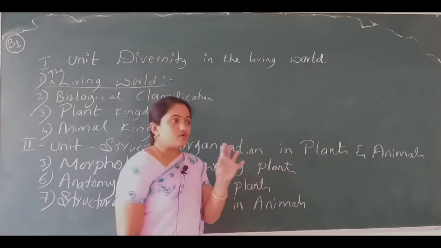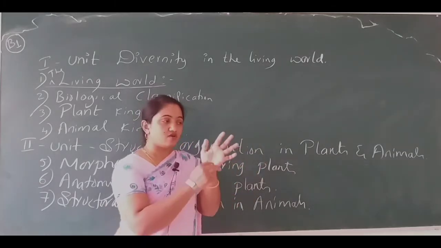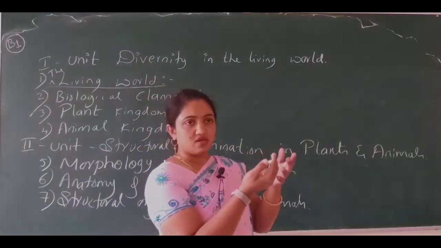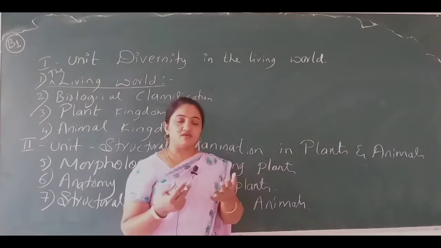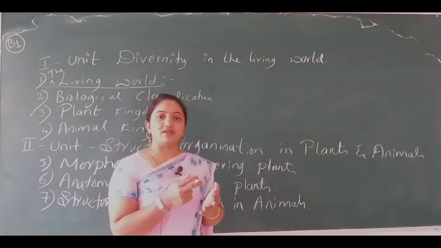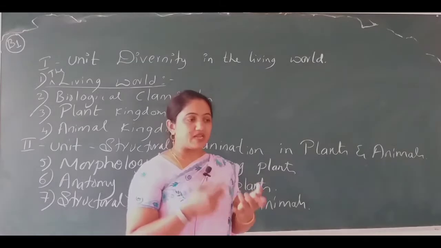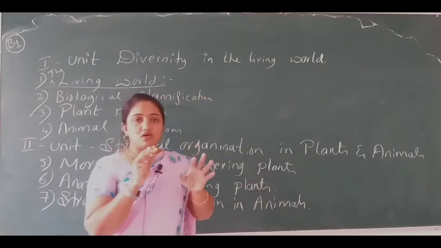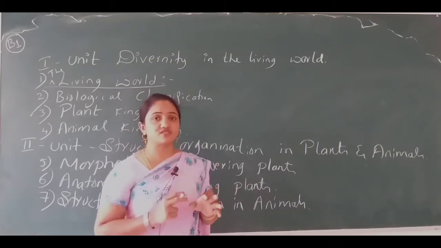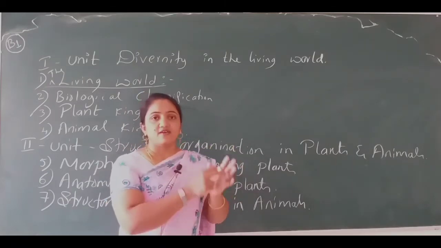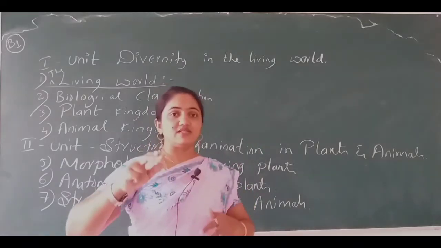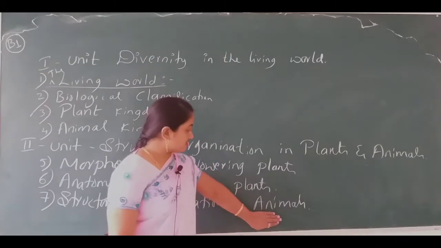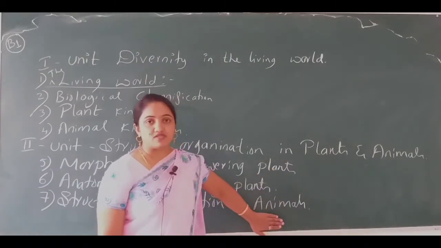To describe the human, we have to learn about the human parts, like the brain, heart, lungs and everything. All these systems, how they work, we will discuss separately in another unit. But here it's all about the animals.